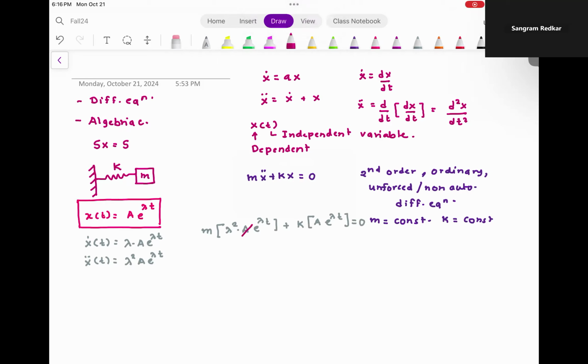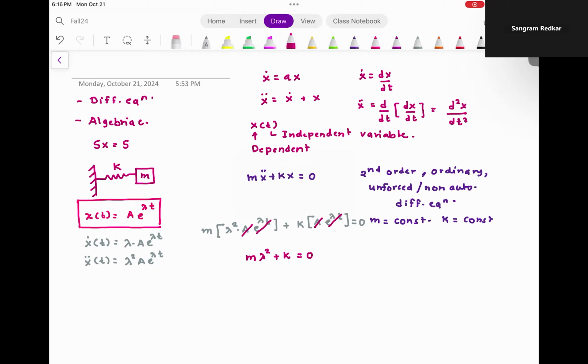So a gets cancelled. I divide left hand side and right hand side by a. I divide left hand side and right hand side by e to the lambda t. So this gets cancelled. So what am I left with? I'm left with m lambda square plus k is equal to 0. Do you agree with me?